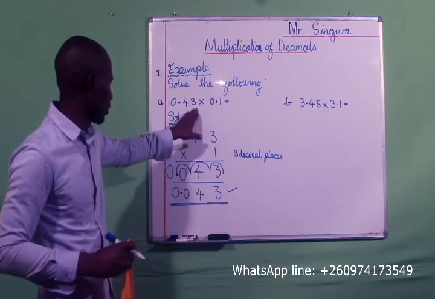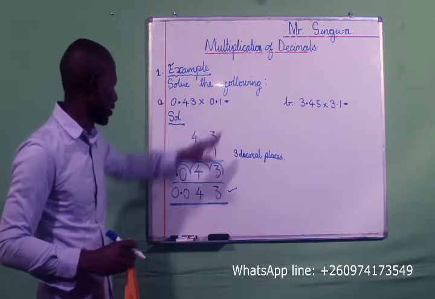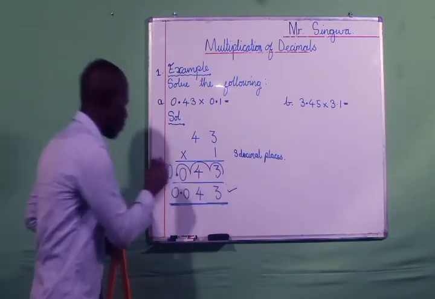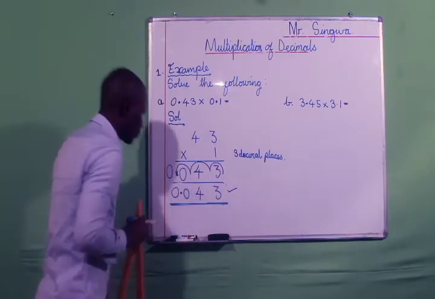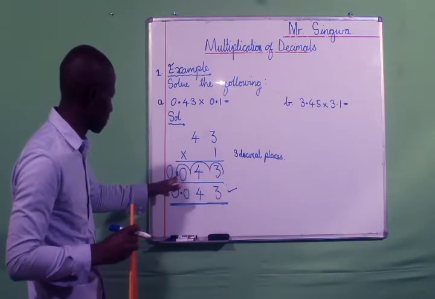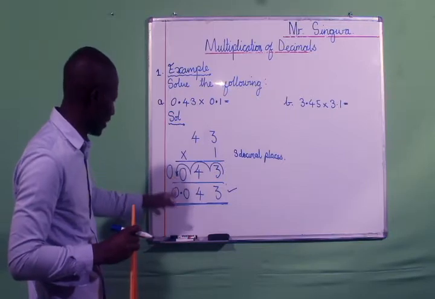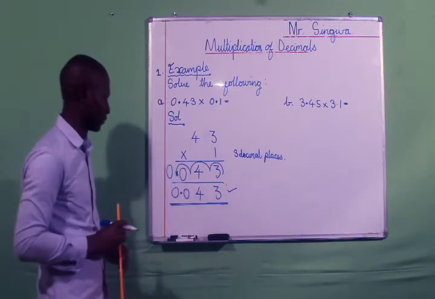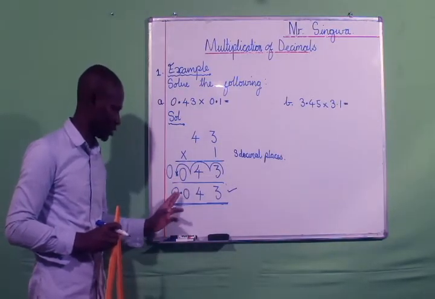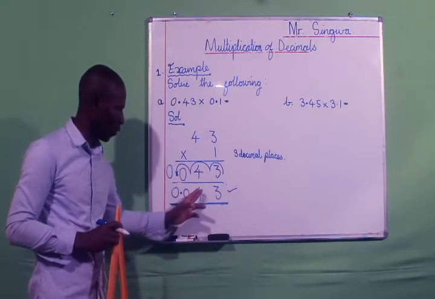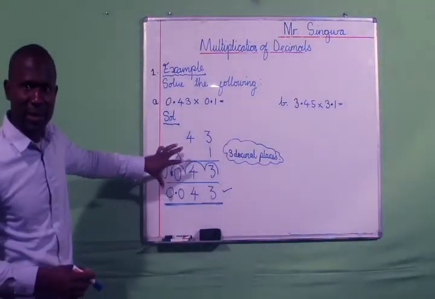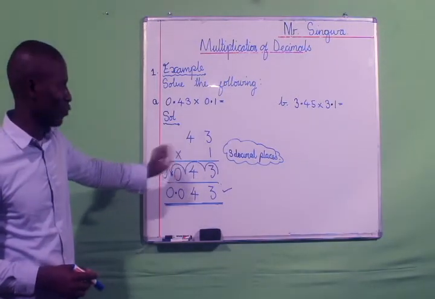You find the answer and then move the point to here. This is the resultant. We are done with this part.